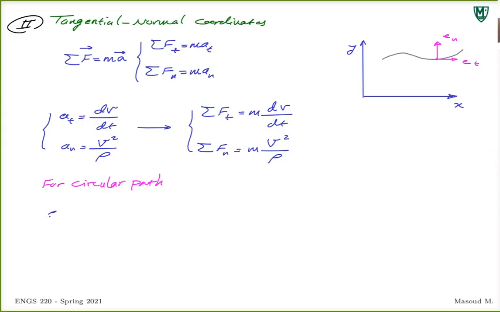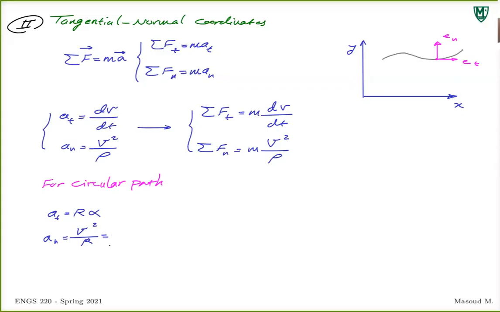We actually derived these equations: AT is r alpha, r being the radius of the circle, alpha being the angular acceleration, and we also said AN becomes v squared over r.